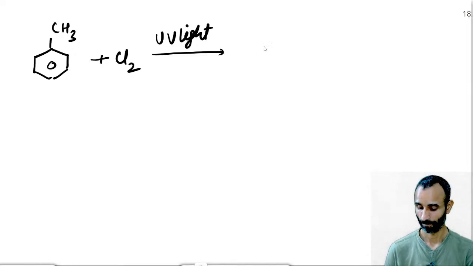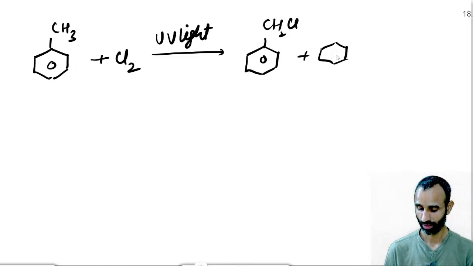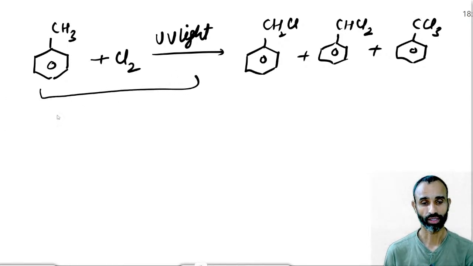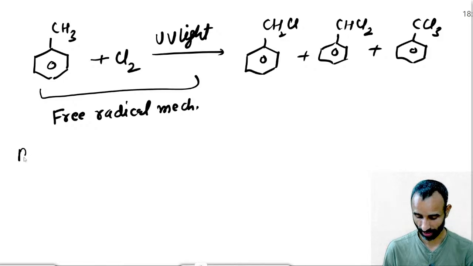So here we can get benzyl chloride, because it is a free radical reaction, and this is particularly benzylic chlorination.